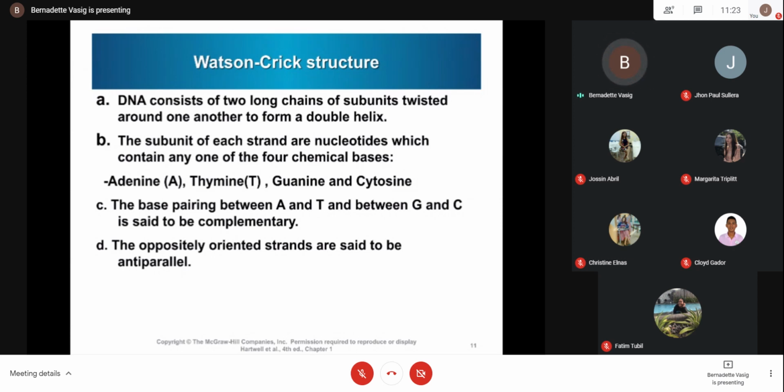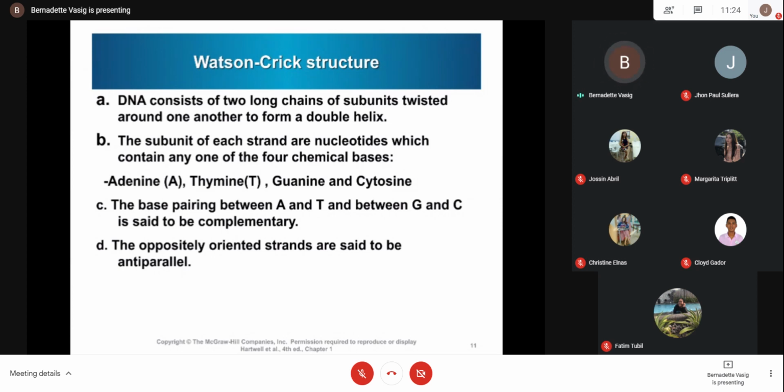So all nucleotides contain a phosphate group and deoxyribose, and they only differ structurally in their nitrogenous base component.